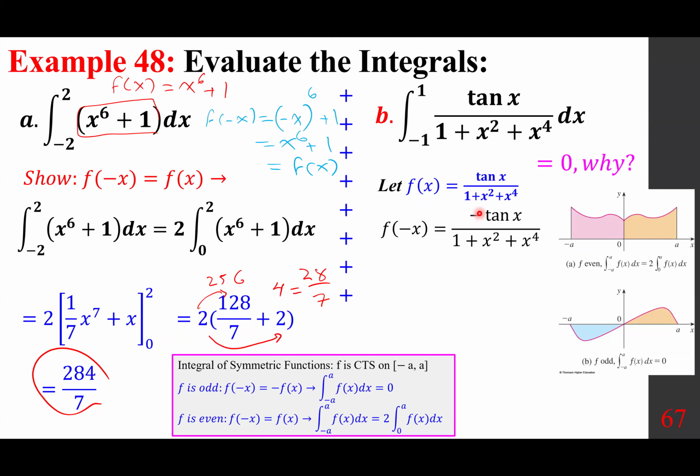Tan of minus x becomes minus tan x, and the bottom is completely even, so it doesn't make any difference. Minus x quantity squared is still x squared. Minus x to the power of 4 is the same. So f of minus x equals minus f of x. F of x is an odd function. So we have to prove this is an odd function, and therefore, by the theorem, it becomes 0. And we just proved that.